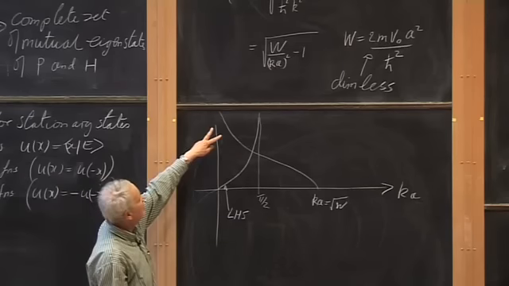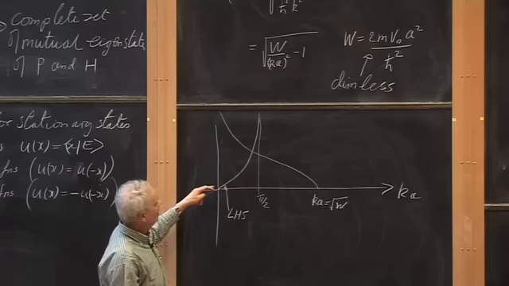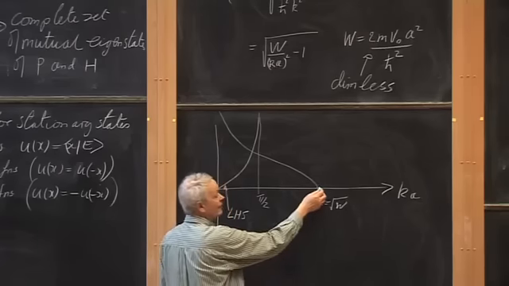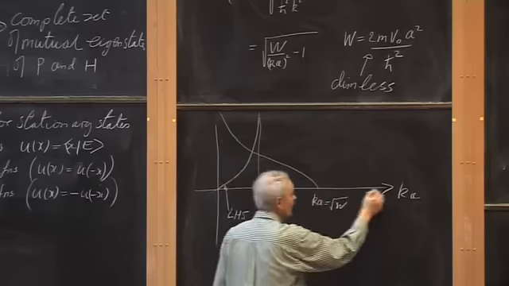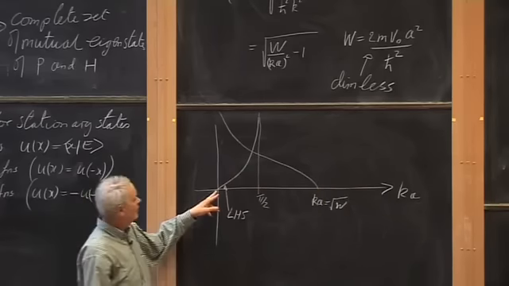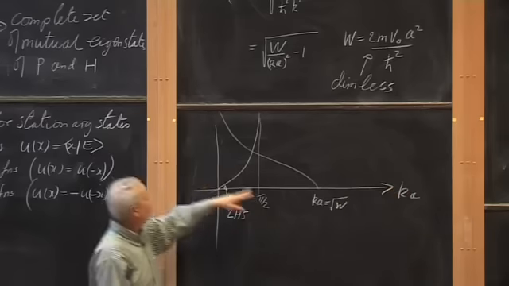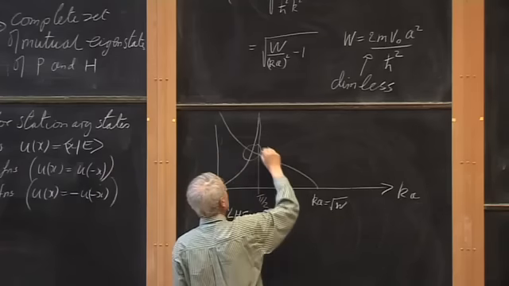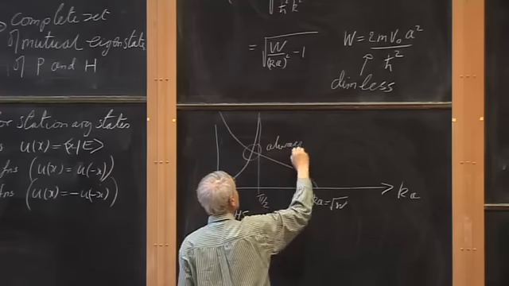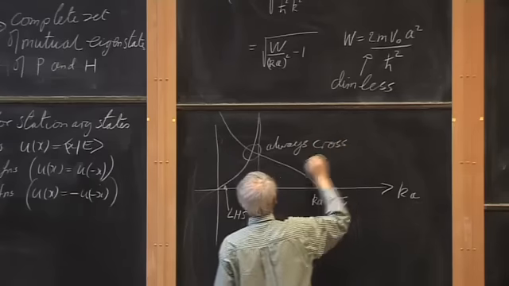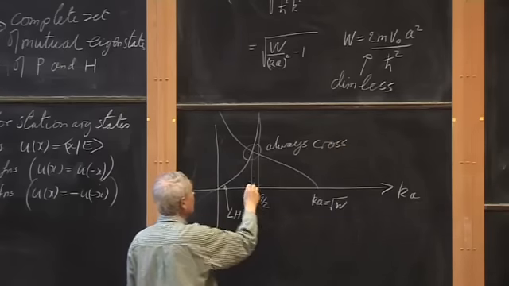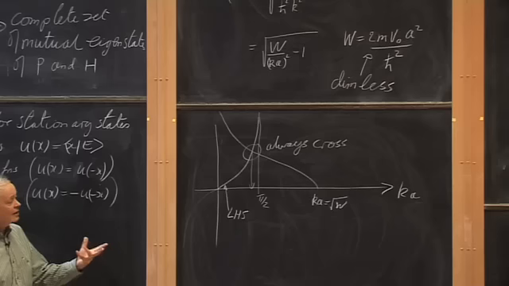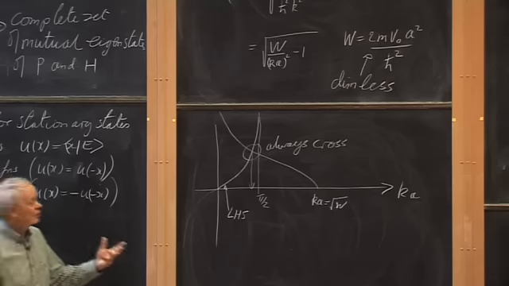And from this we see, it's obvious now, that no matter what the value of W is, so as you change the width and depth of the potential, you move this point to the right or the left, but no matter where you put it, from nowhere to infinity, there will be this intersection here. These two curves always cross. And where they cross gives you a value of Ka, and therefore a value of k, which is a solution to the time-independent Schrodinger equation.